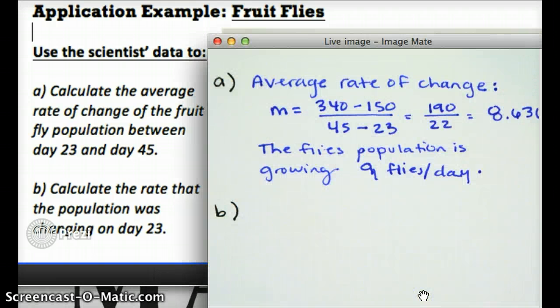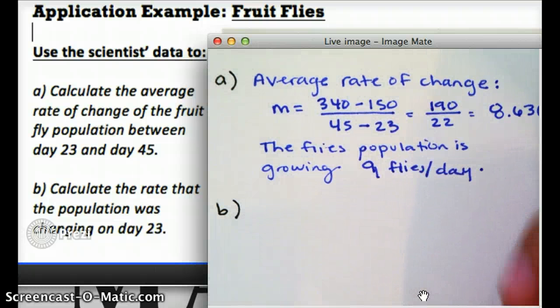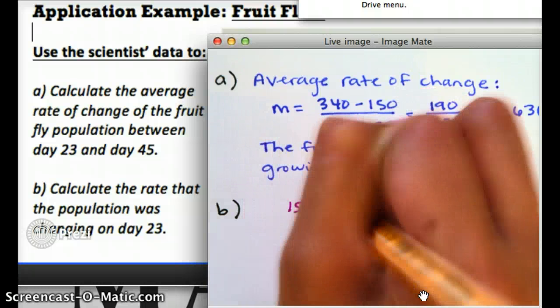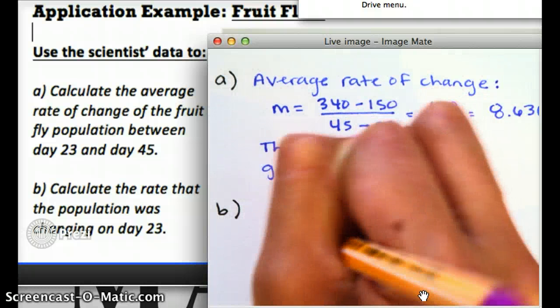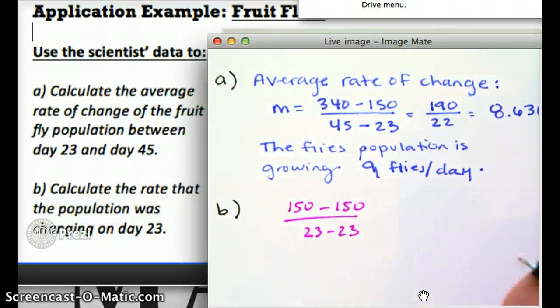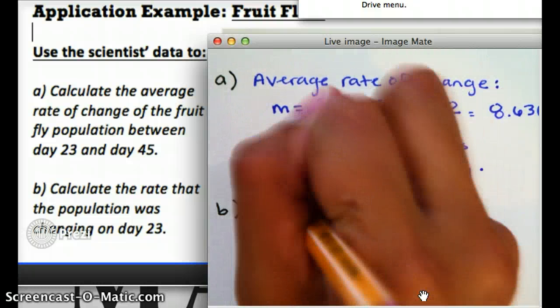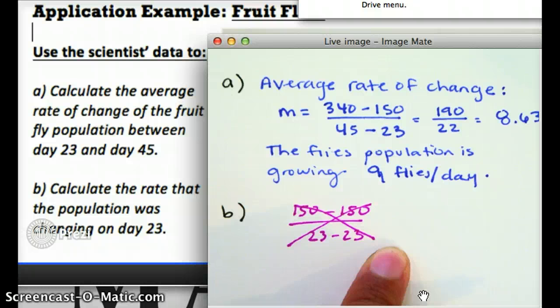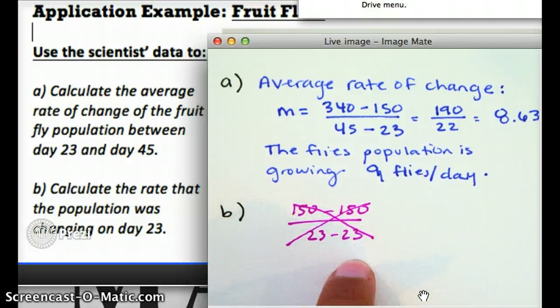So if I just get the idea of calculating a slope with that point, I would calculate 150 minus 150 over 23 minus 23, because I want just that exact day. Now, obviously, there's something wrong here, because we would get 0 over 0. So it turns out we can't use the slope to find the population just on that day.